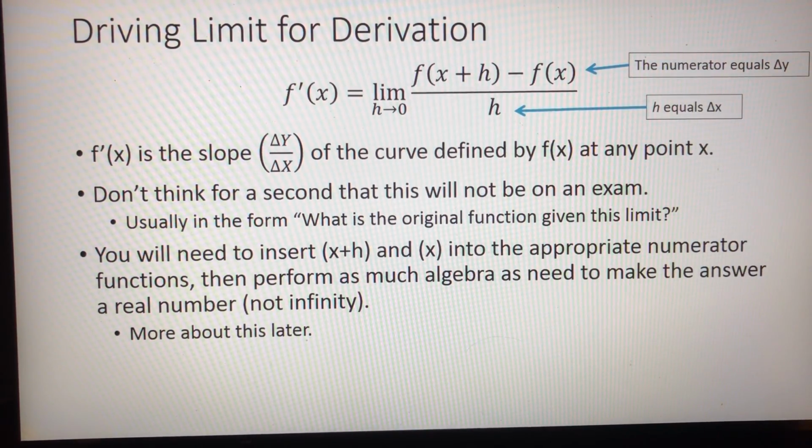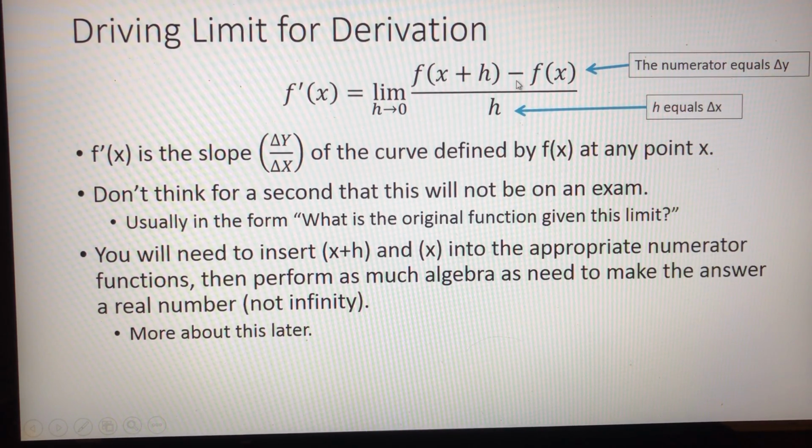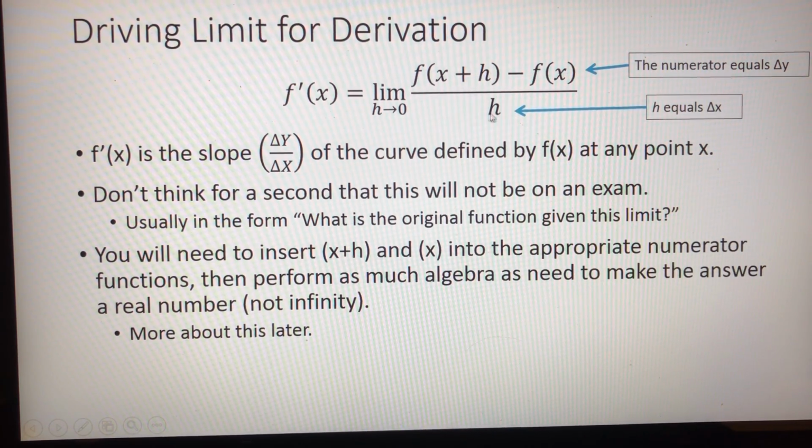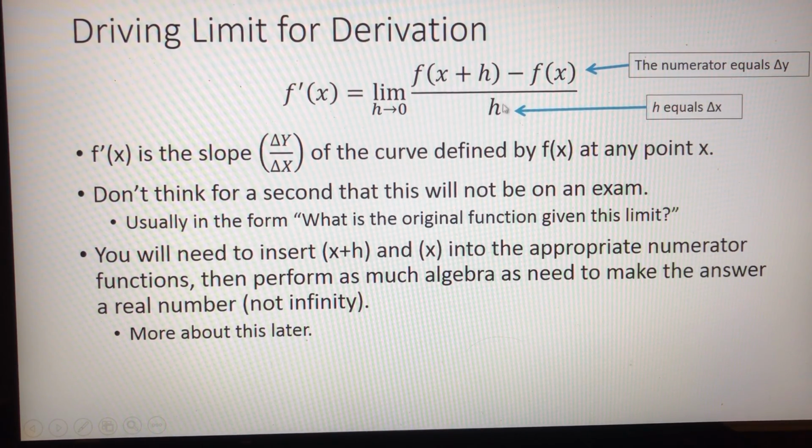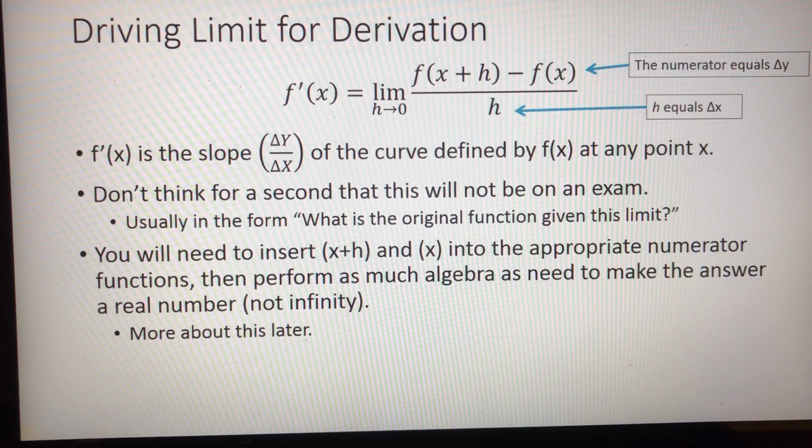Okay, so really quick, going back to why it's important in derivation. If you look here, you can see up here the change in y, and h is actually the change in x. So this goes to 0 as you move your 2 points closer and closer together. It approaches 0. So this is the basic structure for a derivation.